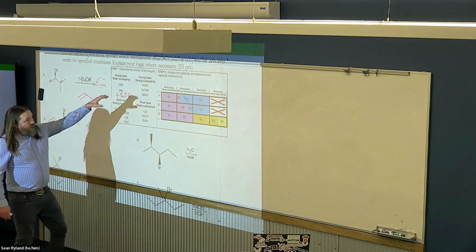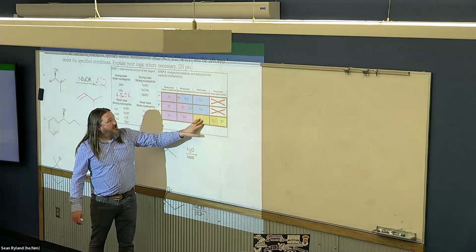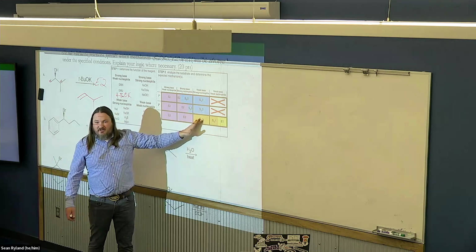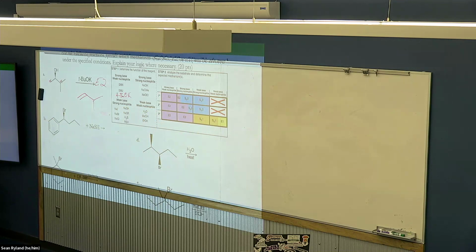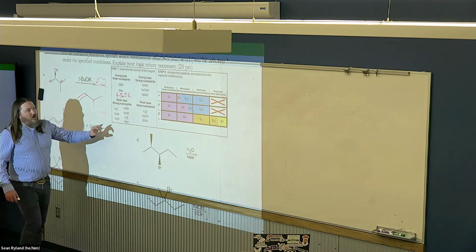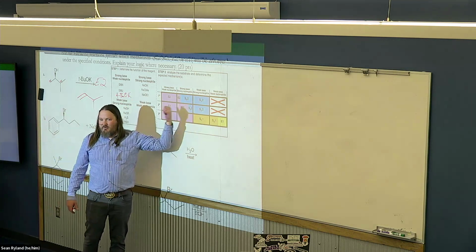For this column, I would expect you to be able to explain it. It kind of just depends on the other little things going on. So being able to make sense of why they are the way they are is more important than having this memorized.